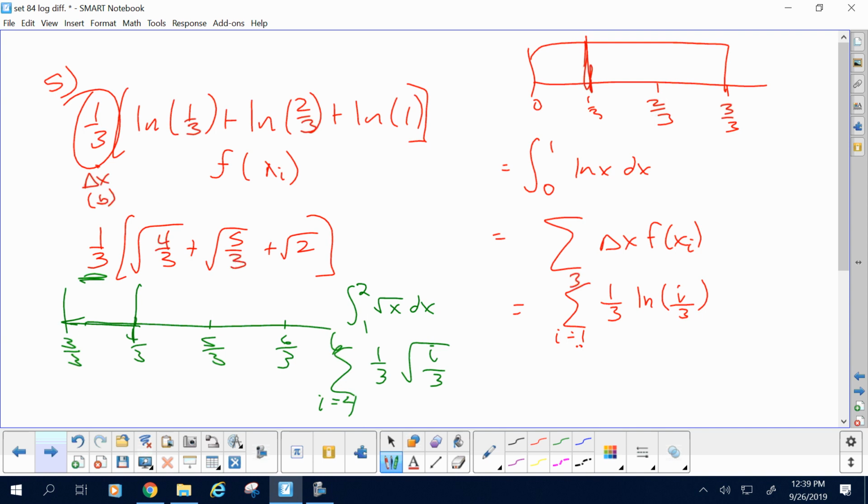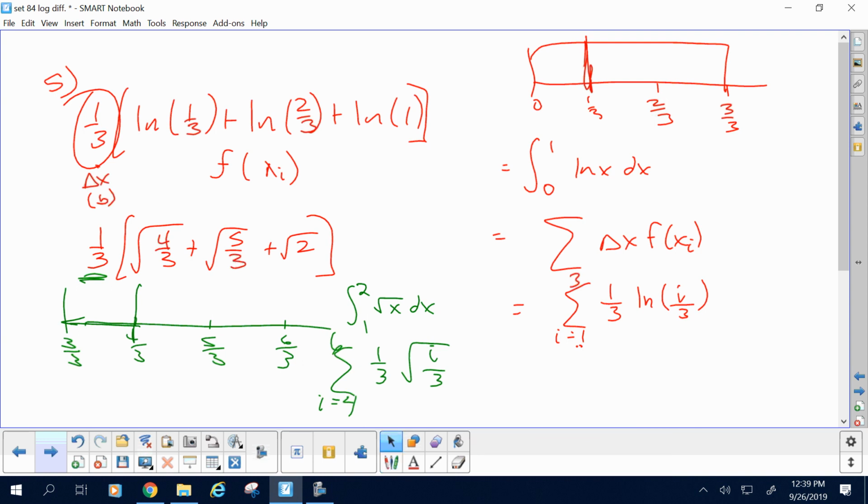Could you also have done some kind of shift so you started at 1? Sure. Is it way more hard that way? Yeah, it is. To me, that's easier. You follow? Okay. So my point is there are lots of different possible answers there, but that to me is the most straight.